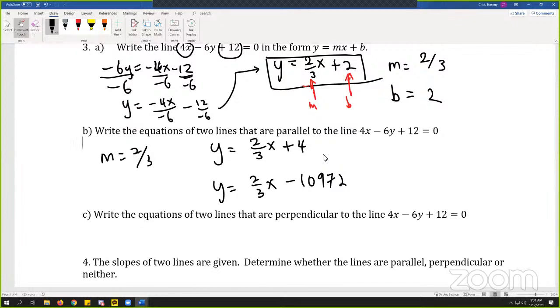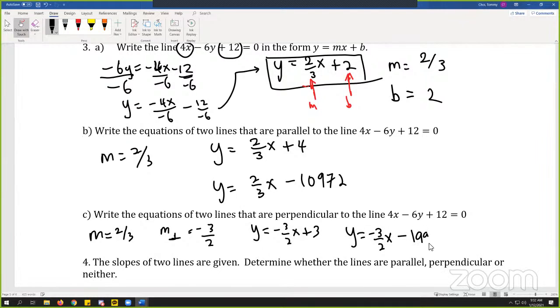As long as the slope is the same, you've created a parallel line. And then for perpendicular, the slope has to be the opposite of 2 over 3. So the perpendicular slope should be equal to negative 3 over 2. We flip the fraction and then we smack a negative on it. So negative 3 over 2 is our slope, so we can make two equations like this: y equals negative 3 over 2x plus 3, or y is equal to negative 3 over 2x minus 1994.